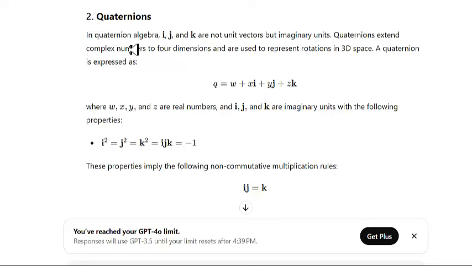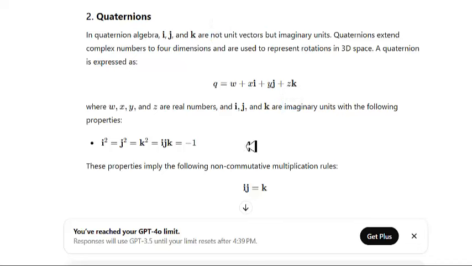Quaternions extend complex numbers to 4 dimensions and are used to represent rotations in 3D space. The quaternion is expressed as q equals w plus xi plus yj plus zk, where w, x, y, and z are real numbers, and i, j, and k are imaginary units. They are imaginary units. They're just not unit vectors.